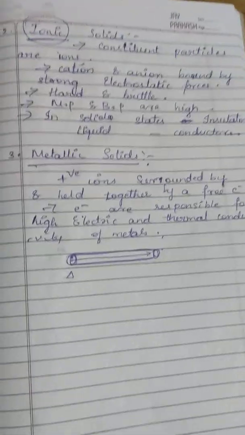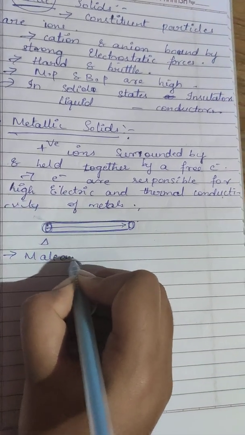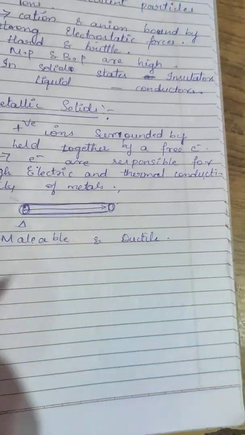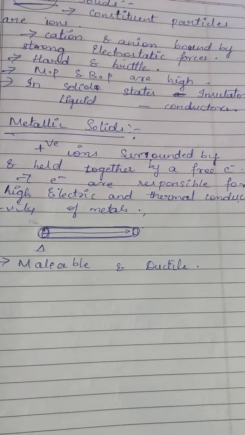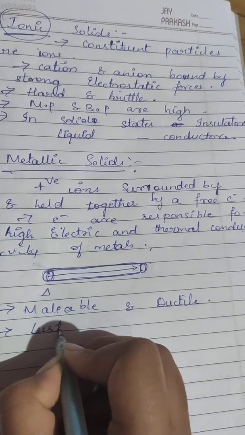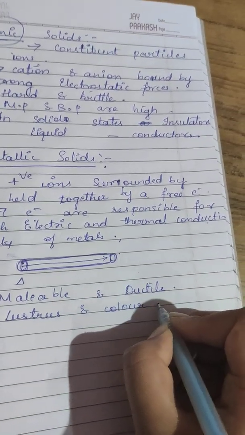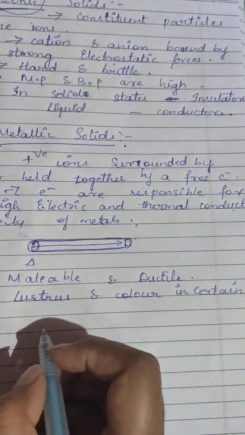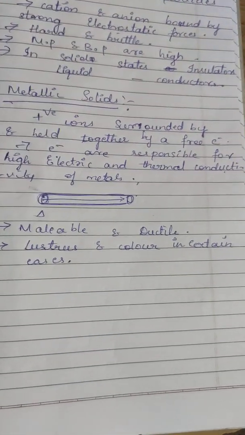You know the nature of metals, they are highly malleable and ductile. You know what is malleable and ductile? They can be drawn into thin wires or thin sheets. And some metals can be lustrous and colored in certain cases. This was about metallic solids, nothing much more.